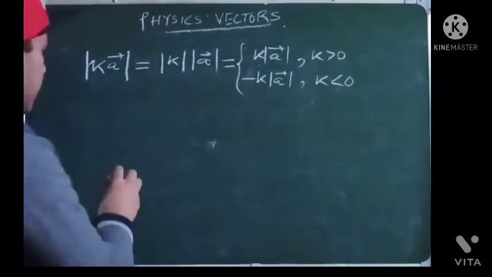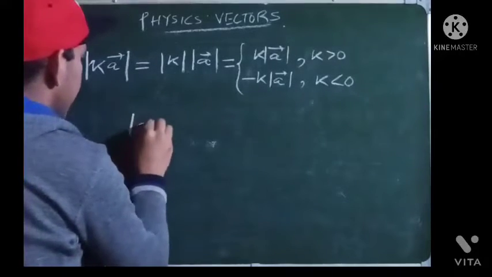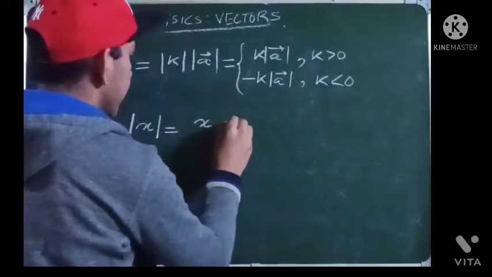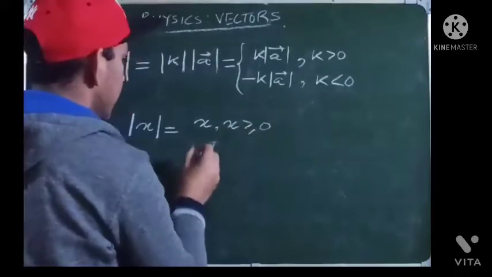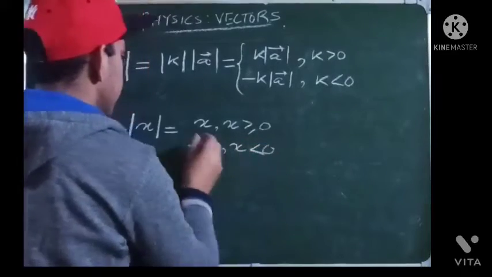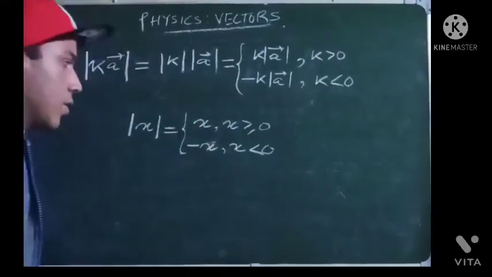I hope you all have remembered the formula. Mod x is equal to x if x is greater than or equal to 0, and minus x if x is less than 0.